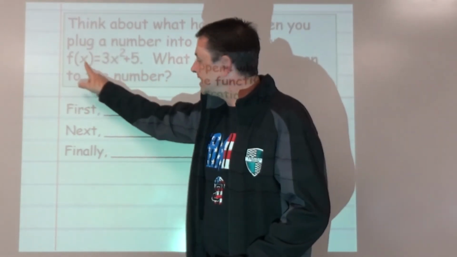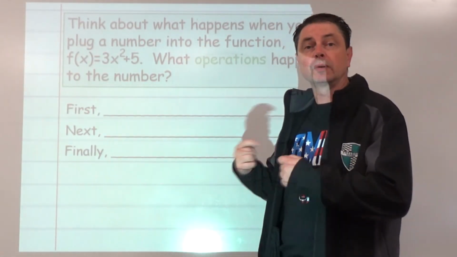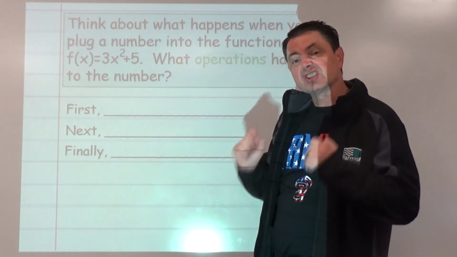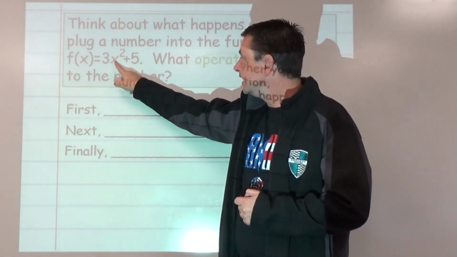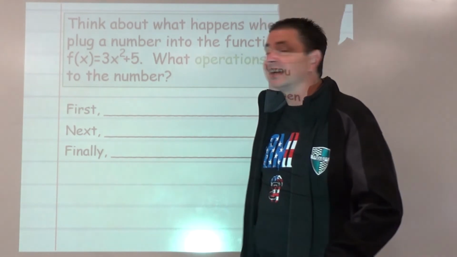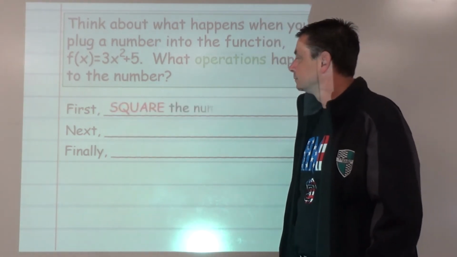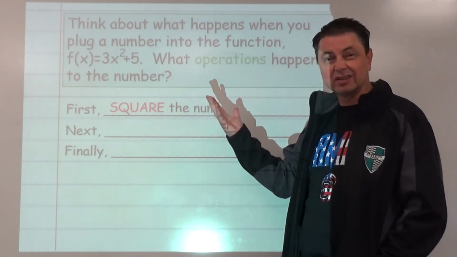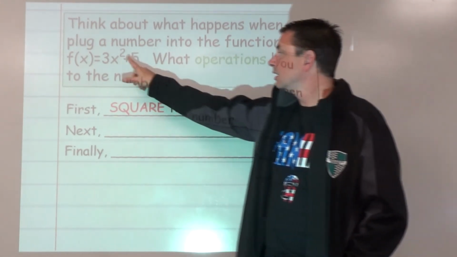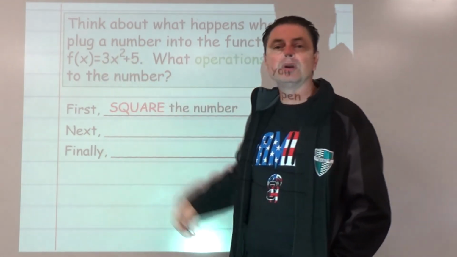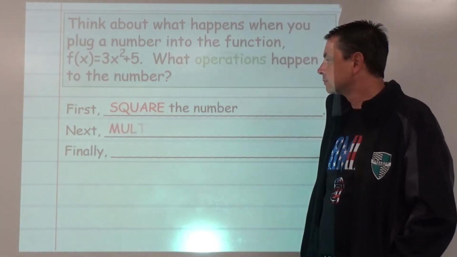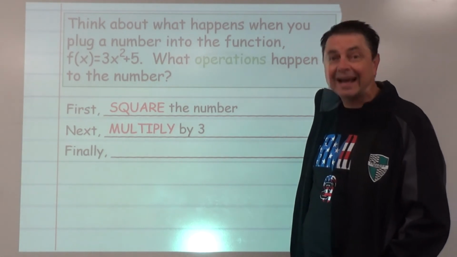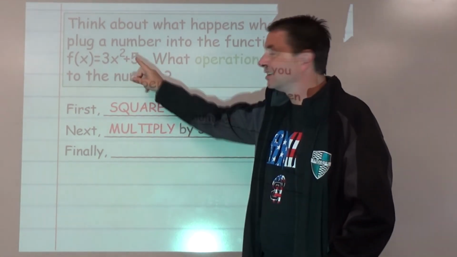If we plug in a 10, according to the order of operations, the first thing that happens is our number 10 gets squared. Then, once we squared the 10, maybe we have 100 at that point. Then we multiply by the 3. Last, we add the 5.